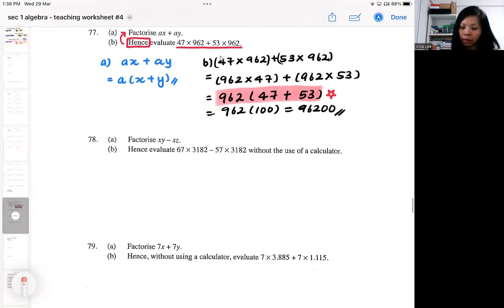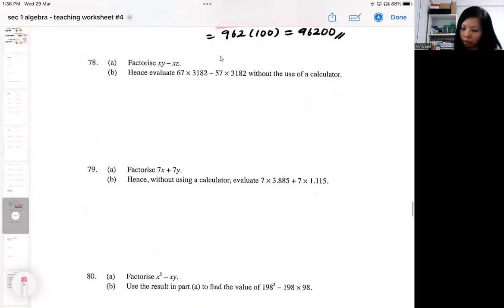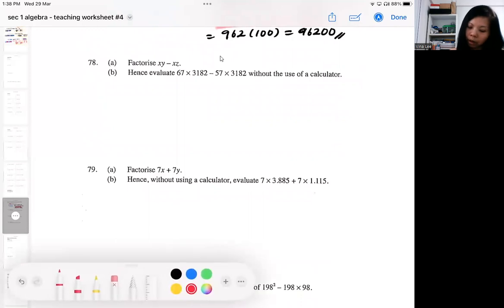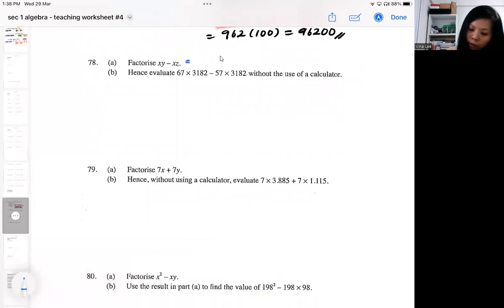That's going to be the same for the next question here. The first part is always very easy. You should be able to see that X is your common factor. For the second part, you need to try to find out the common factor.